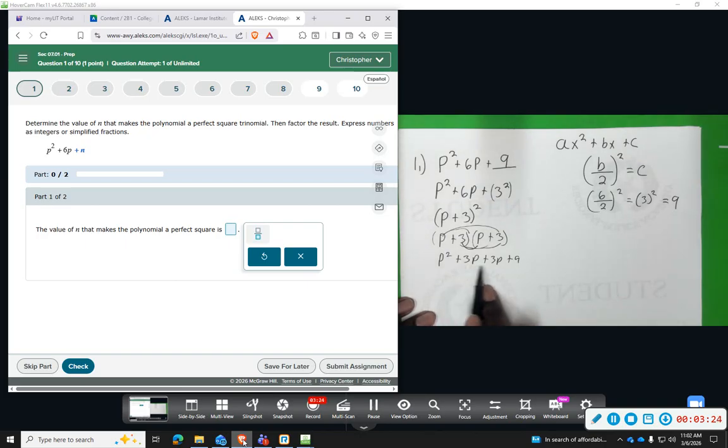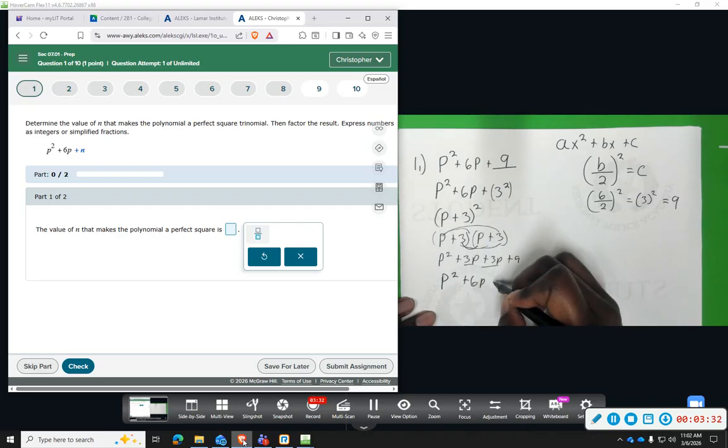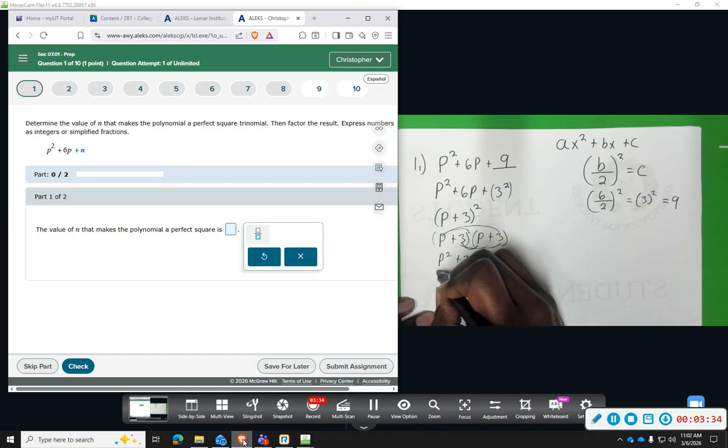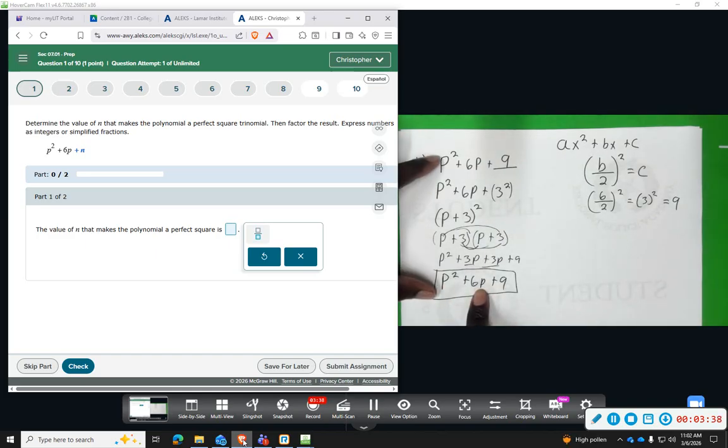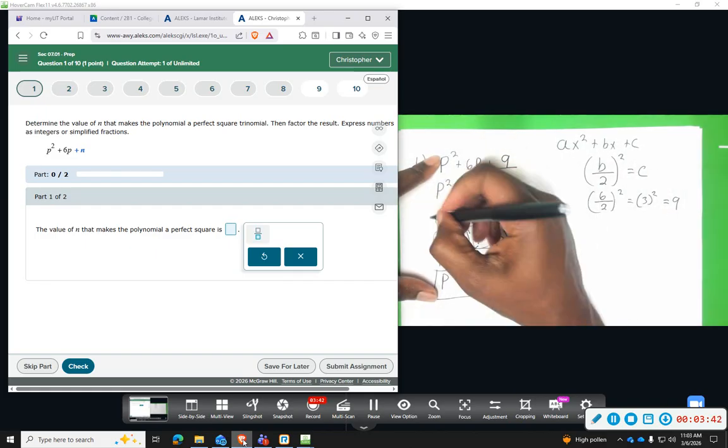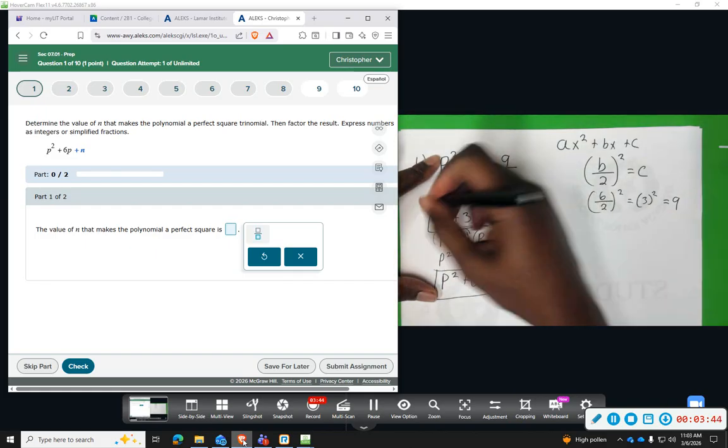So the two middle terms, 3p and 3p, are the same, so you get p squared plus 6p plus 9. You can see that that matches. So that 6p, we didn't just ignore it, it's still there, but this is the factor form that we want.